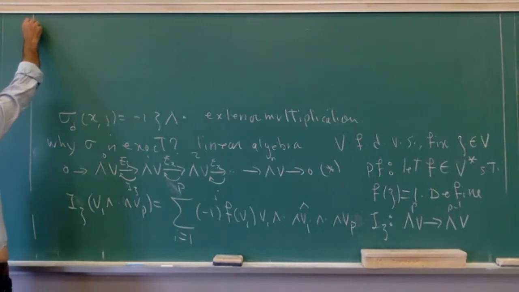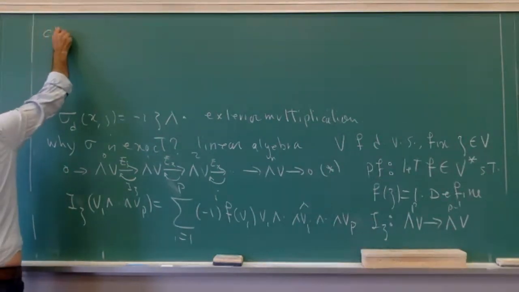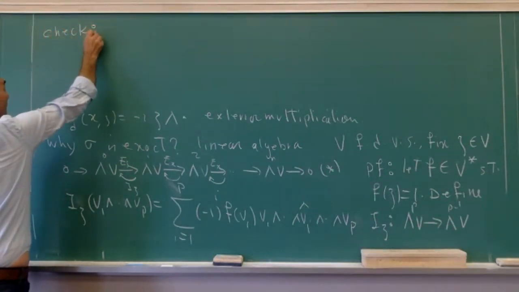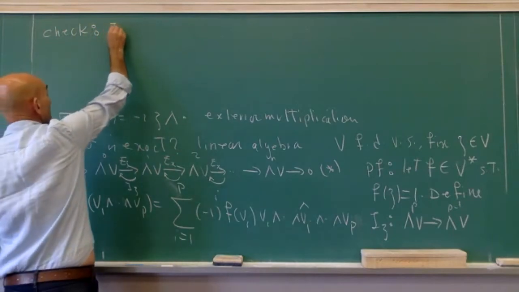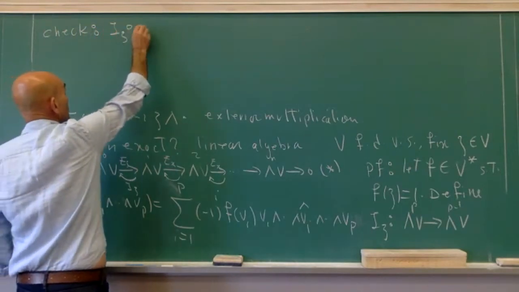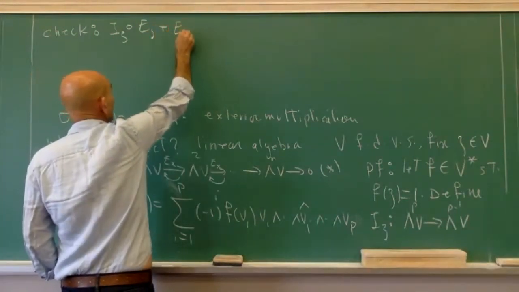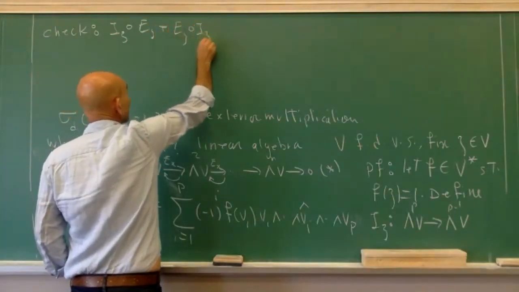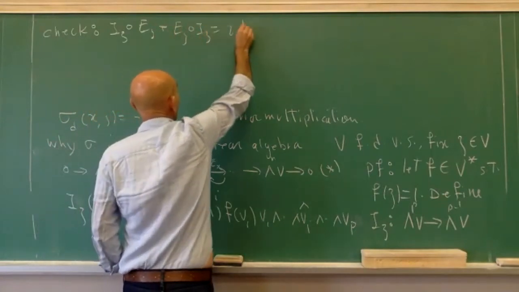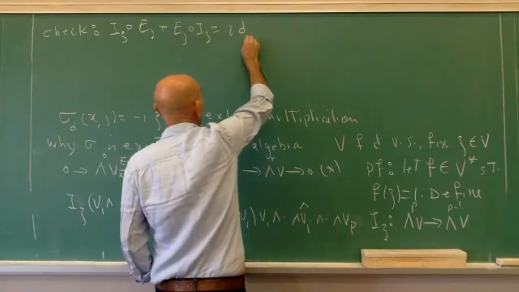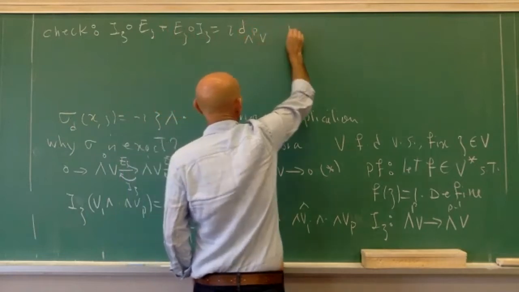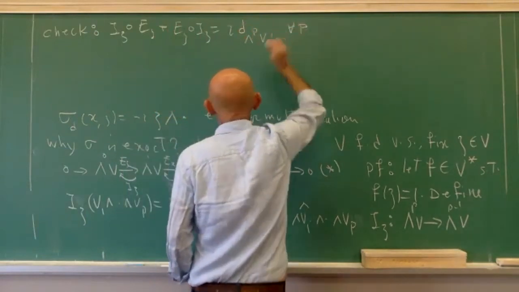So then check that i_{X_c} composed with X_c plus X_c composed with i_{X_c} is equal to the identity of wedge p for all p.